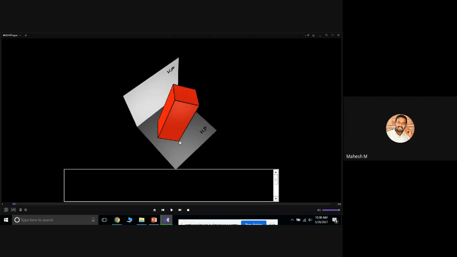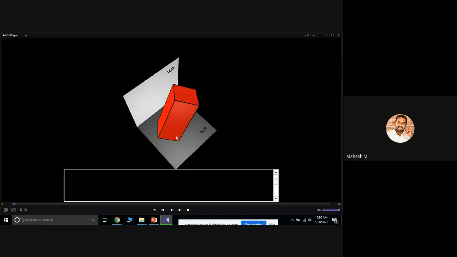This is my corner. What is the opposite face corner for this corner? If you connect this corner and that opposite corner with a line, that particular line is called the diagonal.